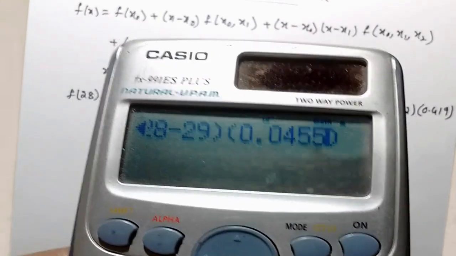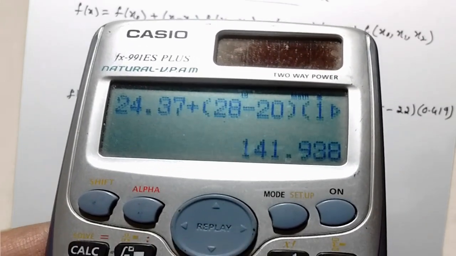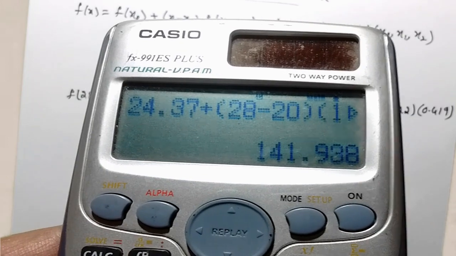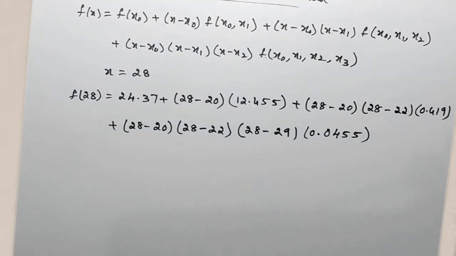That's the value you have. So let me see what the solution will be. You can see it is 141.938. So that's the required solution.